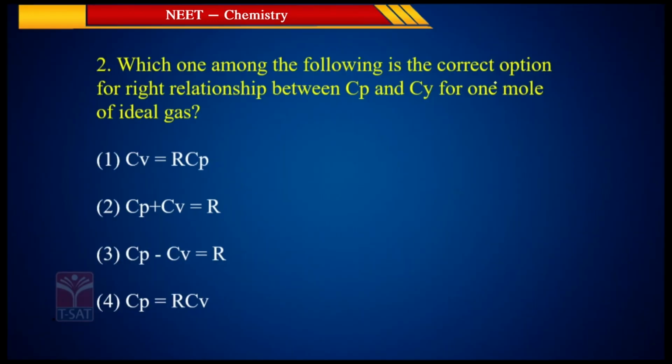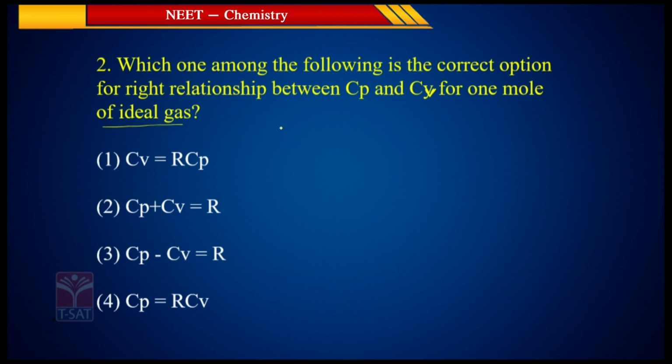Which one among the following is the correct option for the right relation between Cp and Cv for 1 mole of an ideal gas? So what is the relation between Cp and Cv, he is asking.